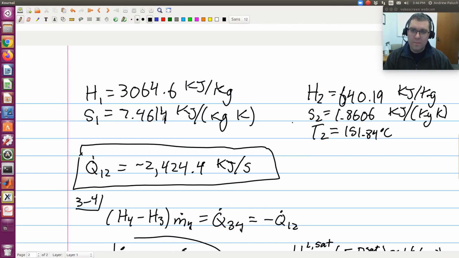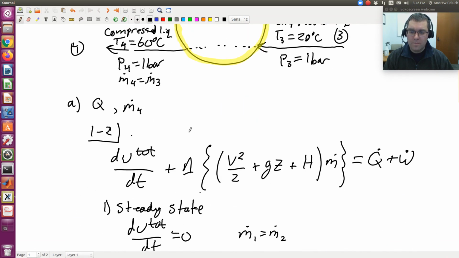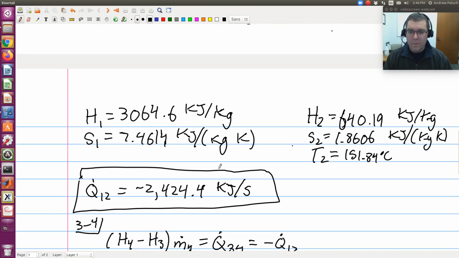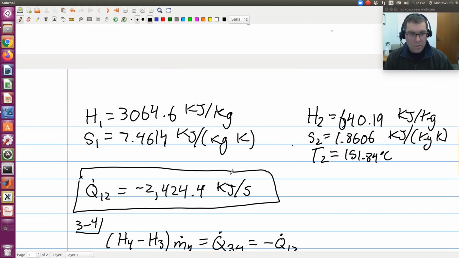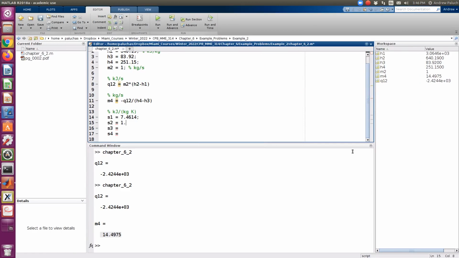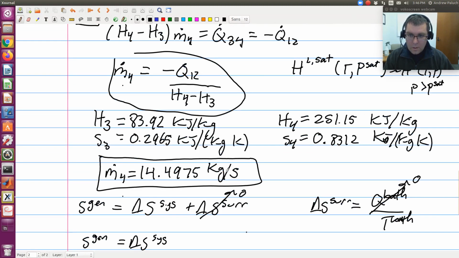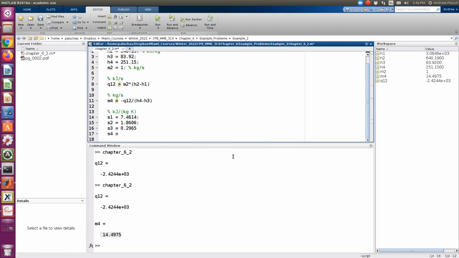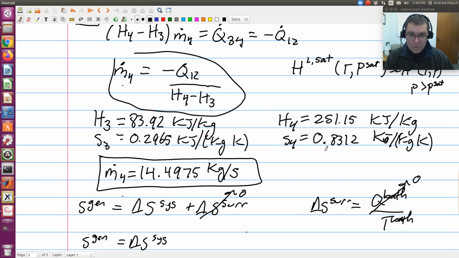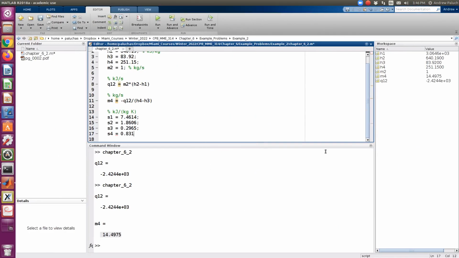So S1 is 7.4614, S2 is 1.8606, S3 is 0.2965, S4 is 0.8312.